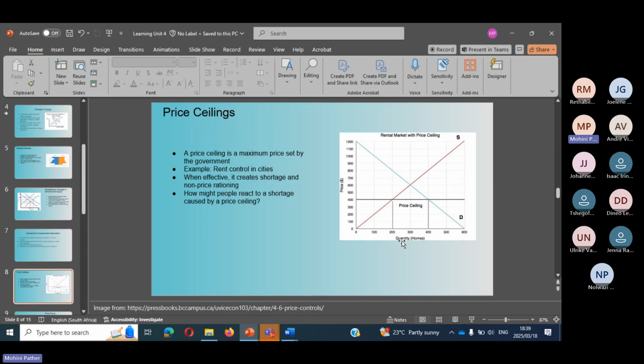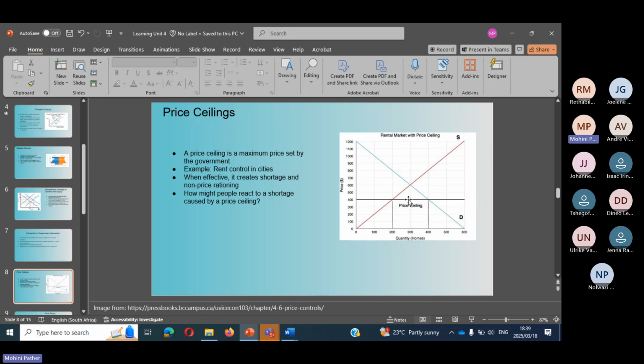That is us naturally as individuals in a market economy. But the government comes in and says, look, we need to protect these consumers, they need to have access to housing. So we're going to say these buildings are going to be available at a maximum price of $400, which is $200 less than the prevailing price.